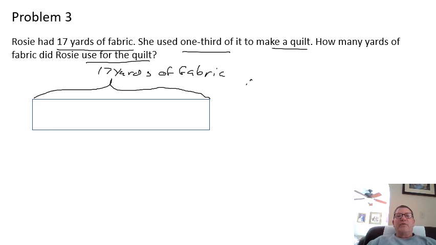Now it says thirds. She used 1/3 for a quilt. So I know I'm splitting my tape diagram into thirds. And to find out how much was in 1/3, I would do 17 divided by 3, which, rewriting the division as a fraction, would be 17 thirds.